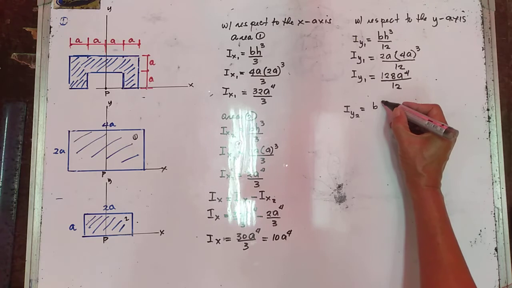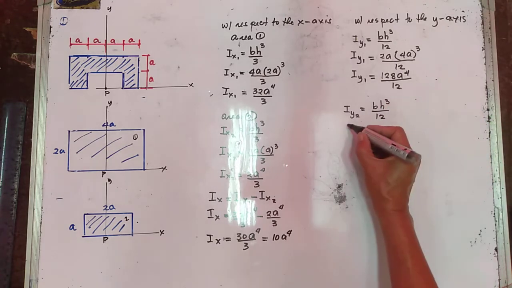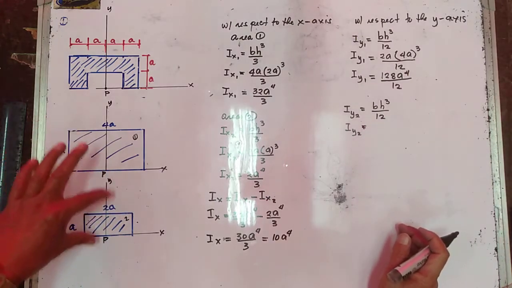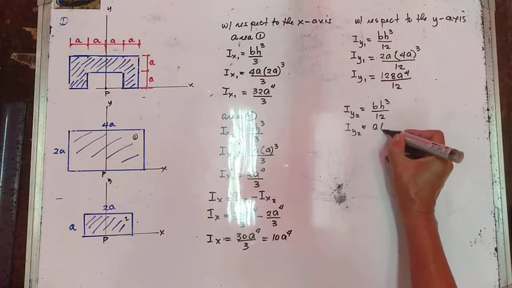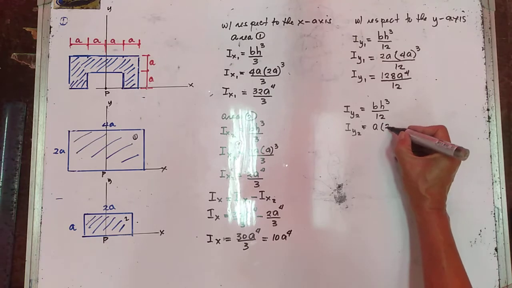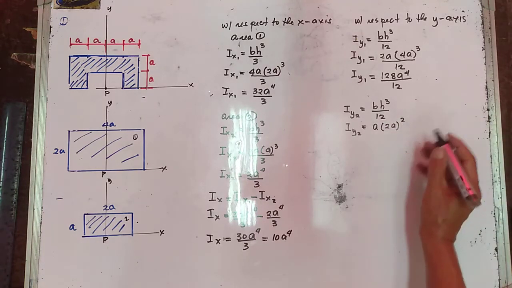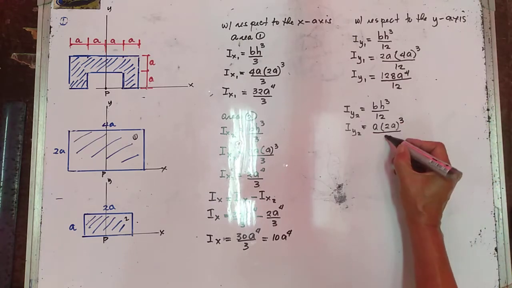Again, this is BH cubed all over 12. Your B in here is the base parallel to the y-axis, so that is A, and then your H in here is 2A, cubed. So A times 2A cubed all over 12.